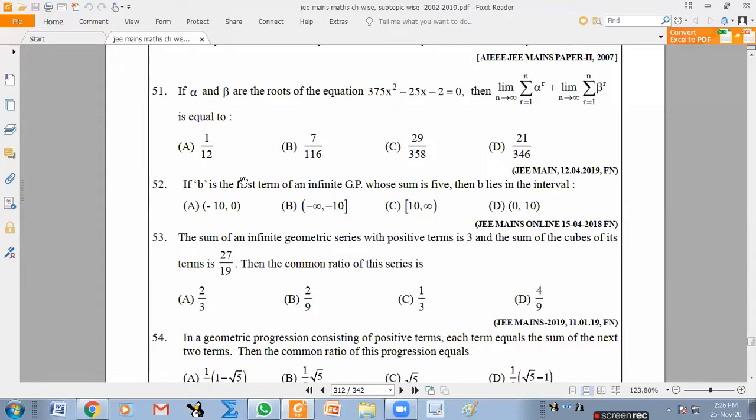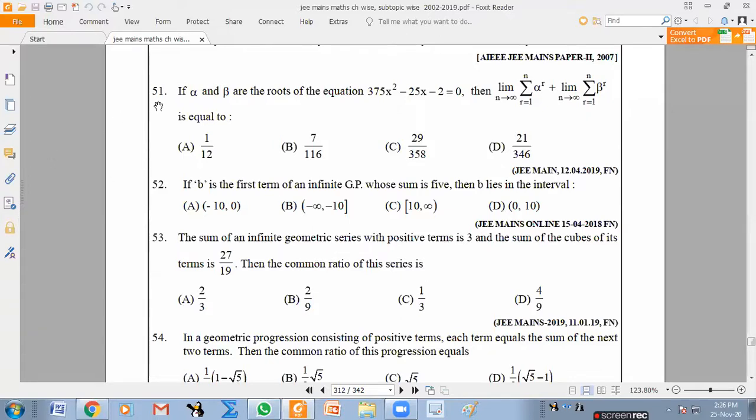If you are able to find the roots, you find them. If not, let us see. The sum of the infinite GP will be, first term is alpha by 1 minus alpha plus beta by 1 minus beta. If you use the A by 1 minus R formula, A is alpha and R is also alpha here. Similarly, this.